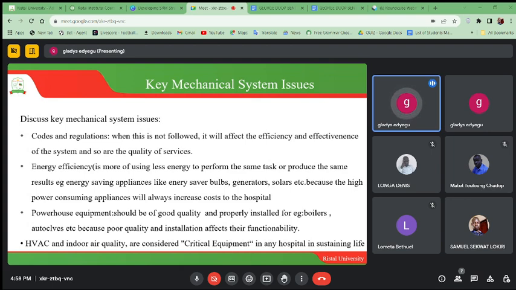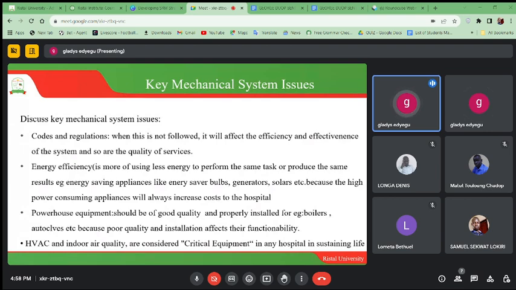There are so many different pieces of equipment needed in order to provide these HVAC systems. So all that is necessary for different hospitals in order to sustain life. If you talk about HVAC, then you're talking about the critical equipment that sustains the life of our patients.